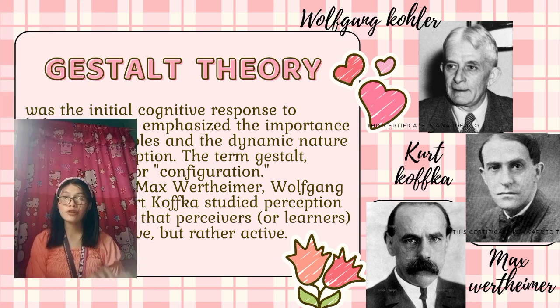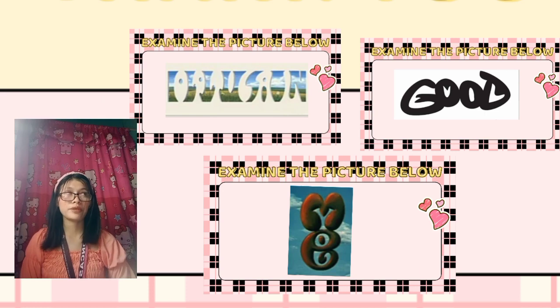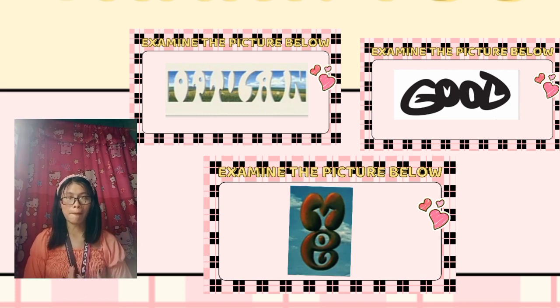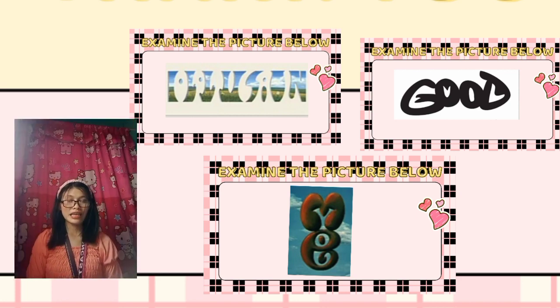So let us now go back to the pictures I showed to you first. I asked you to examine them. Did you see one word and two words? You will be able to recognize it. By that, it gives you more ideas and contradictions about the words shown.